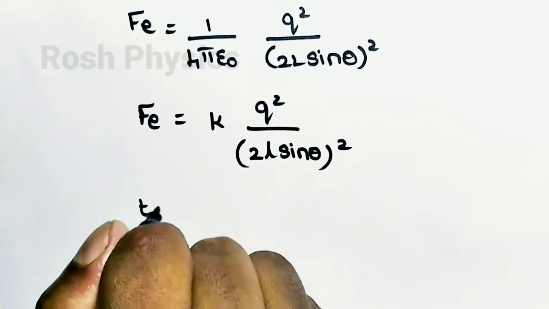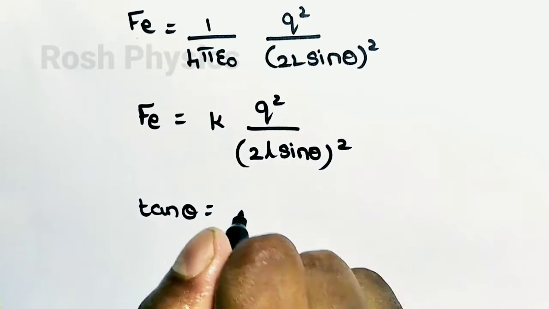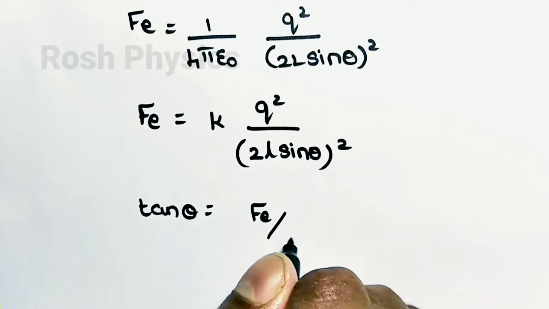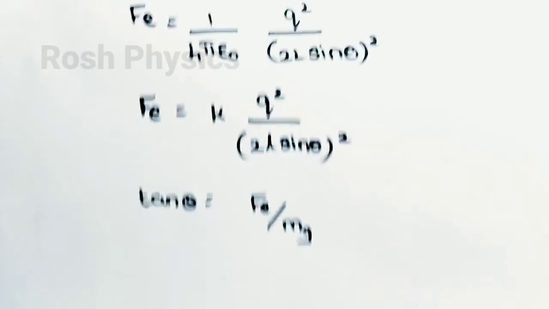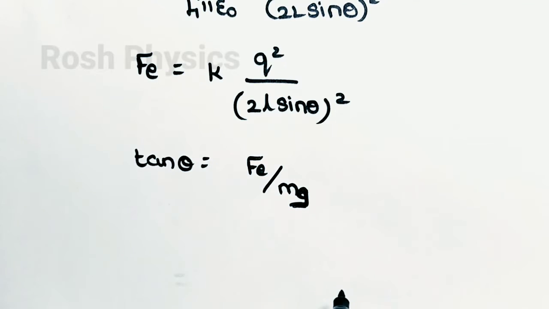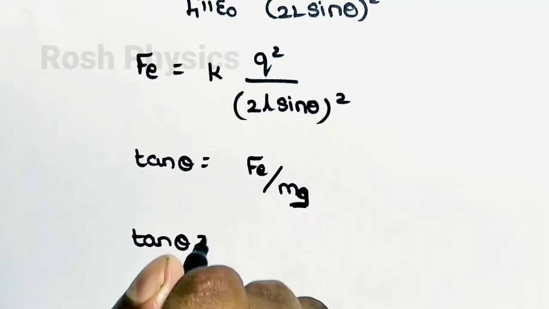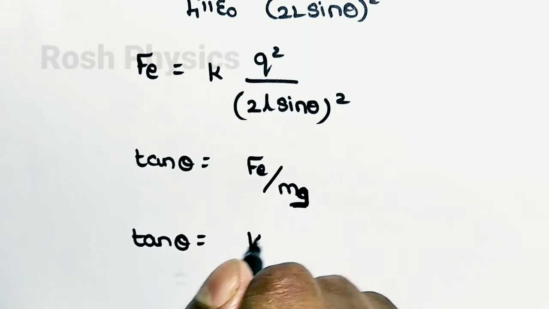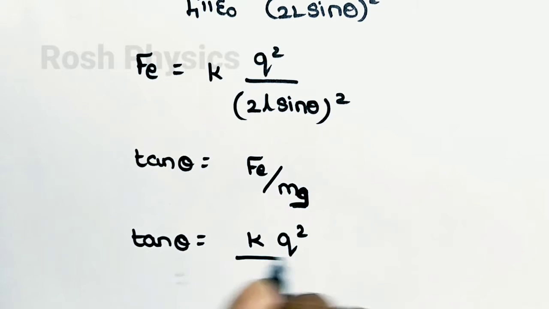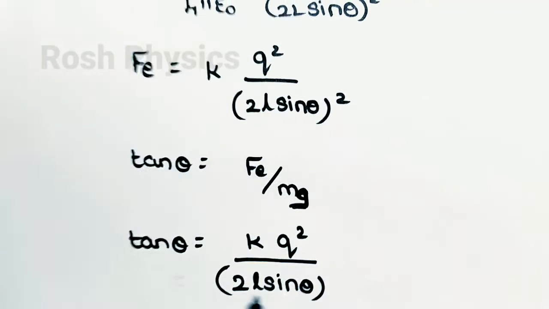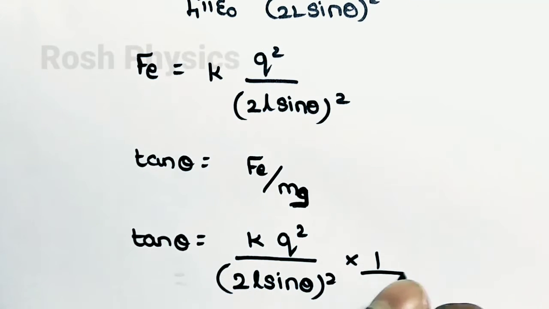Okay, so now by the formula, tan theta is equal to Fe divided by mg. I'm substituting all those values. So tan theta is equal to, for Fe, k into q square divided by 2L sin theta the whole square, into 1 divided by mg.